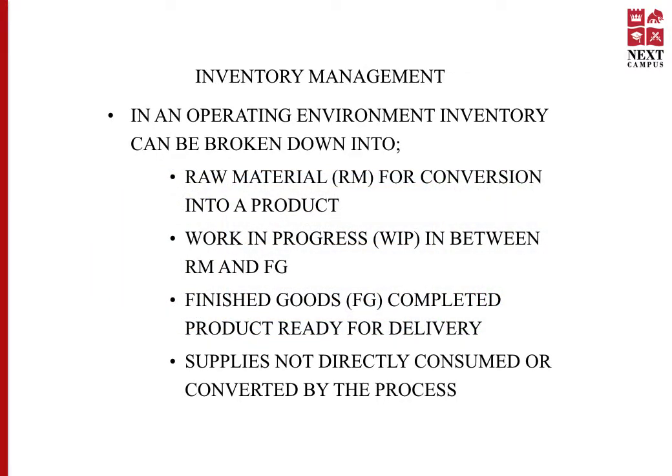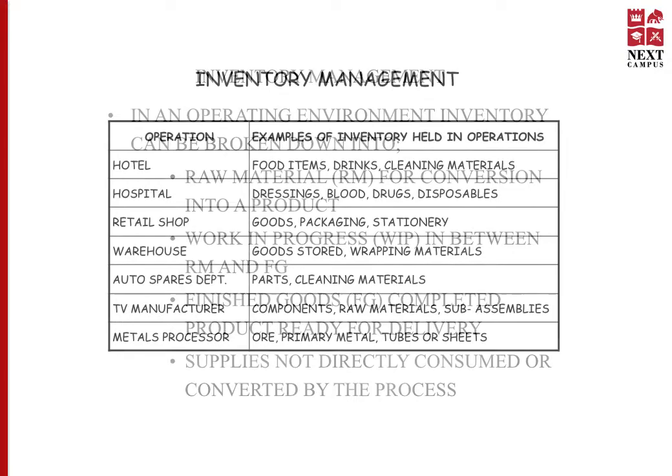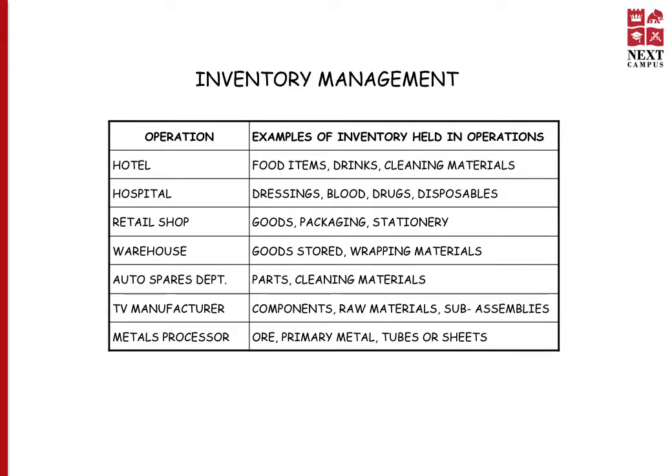In an operating environment, inventory can be broken down into different components: raw material, work in progress, finished goods, and supplies not directly consumed or converted by the process, but which assists in the process. So these are some of the examples of inventory in different operations.